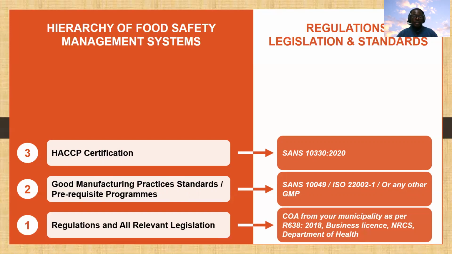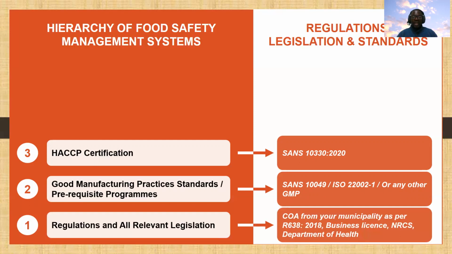If you're a small business doing small trading, by the corner in a small shop selling to your local municipality or citizens, you'll be better off just implementing step 1 and 2. But if your customer requires that you implement HACCP certification, then you may very well be compelled to.